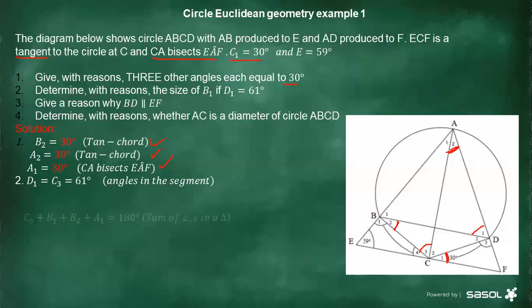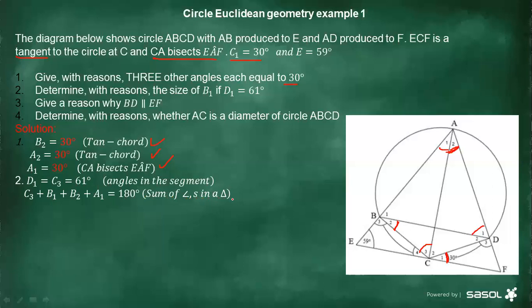That's step number 1. Step number 2, then we'll say angle C3 plus angle B1 and 2 and angle A1, they add up to 180. What is the reason? Sum of angles in a triangle.